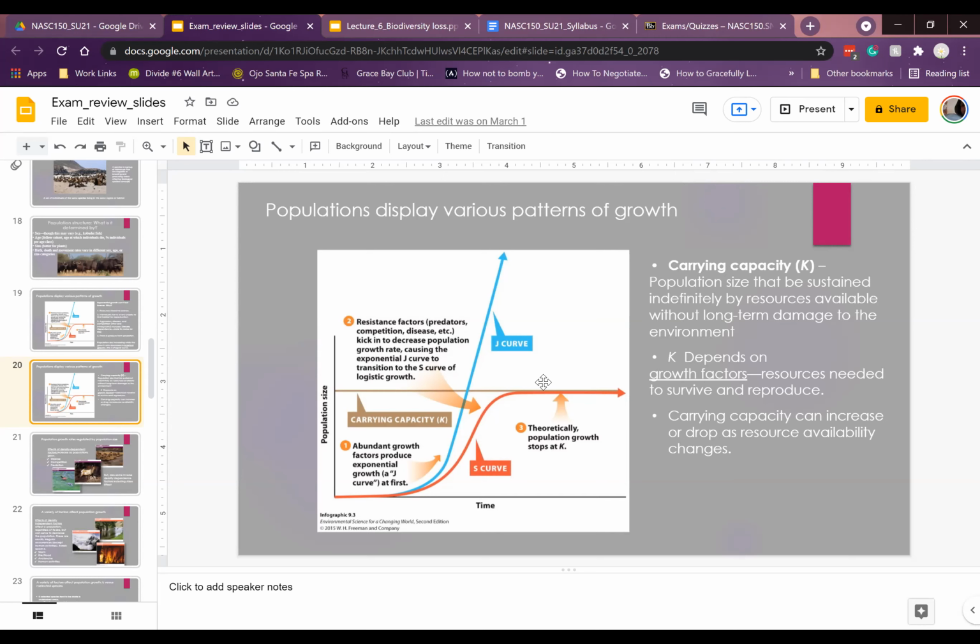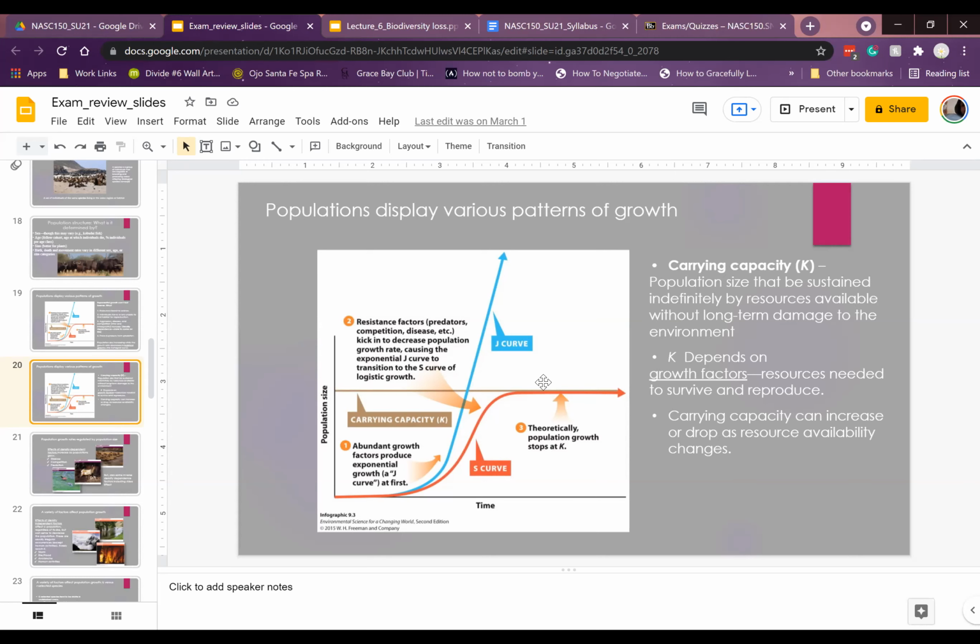Again, it's all based upon resources, right? If there's a lot of resources, you can have more individuals. If there are few resources, you can have fewer individuals, right? So think about if you have a pizza party, right? If I have one pizza, I can only have, say, 2 friends over. But if I have 10 pizzas, I can probably have 10 friends over, because most of my friends like to eat pizza a lot. But you get the idea.